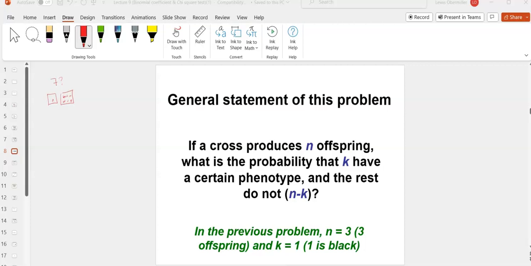In genetics, this can get really complex really quickly, so it's easy to have a shortcut method here. The shortcut method is this binomial equation.